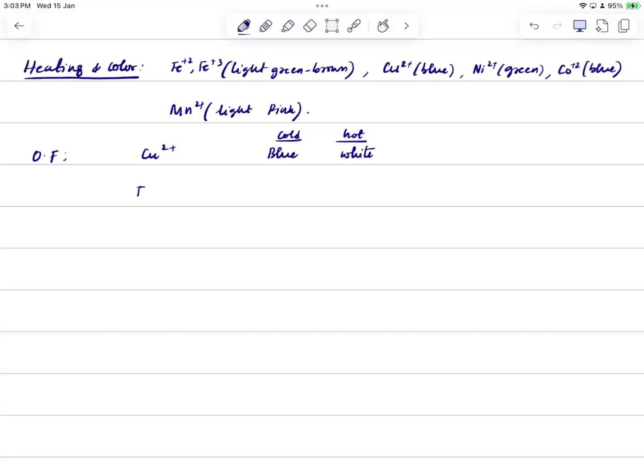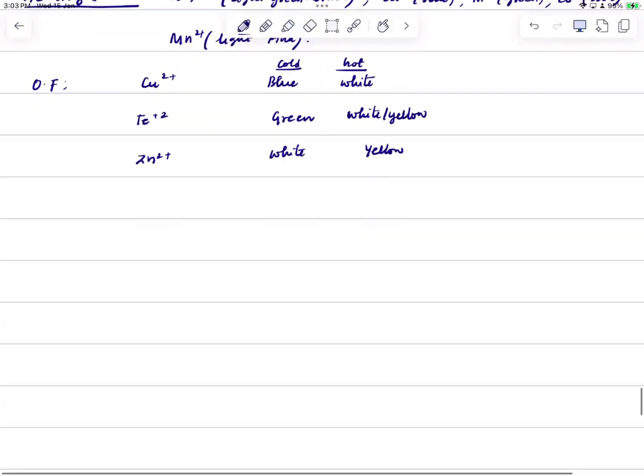Fe2+, it is green color, and dirty whitish to yellow. Okay. Next, Zn2+, it is white color and yellow color, mostly if it exists in the form of oxides. Okay. Next, cobalt 2+, it is pink color and blue color.